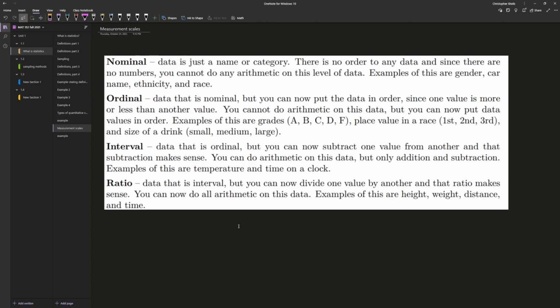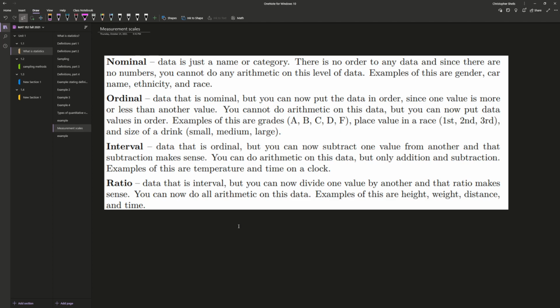At that point, we have to ask ourselves, can we put that data in some kind of order? If we can put that data in order, then it's ordinal. If we can't, then it's going to be nominal.